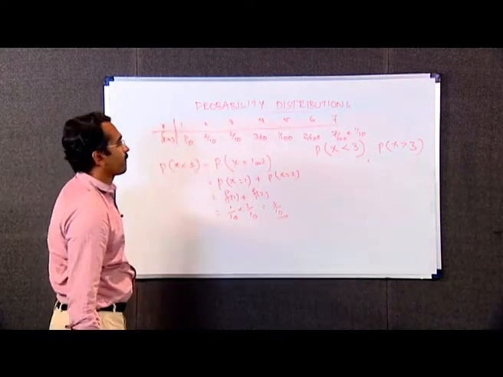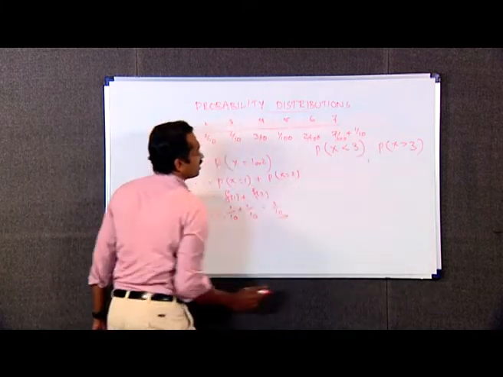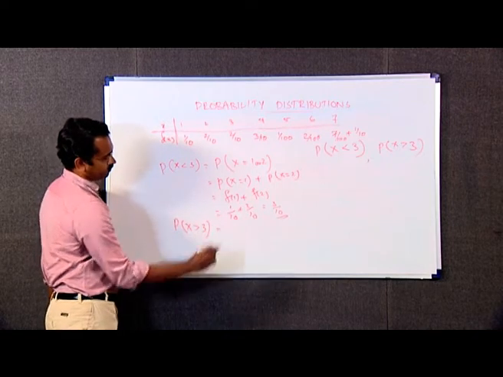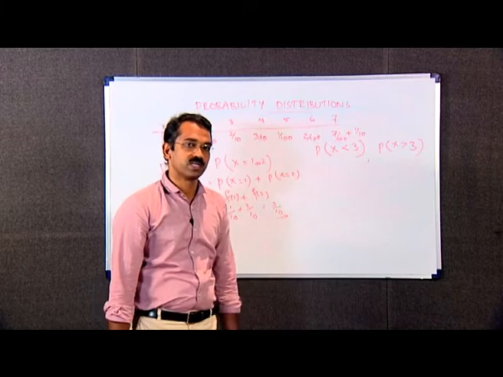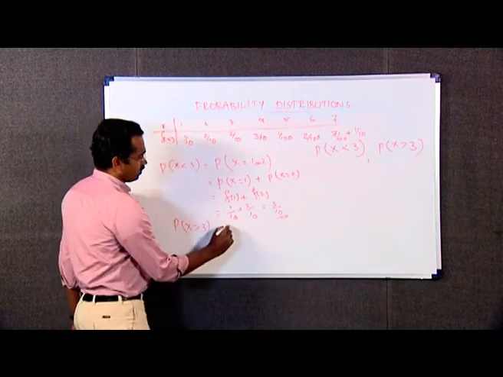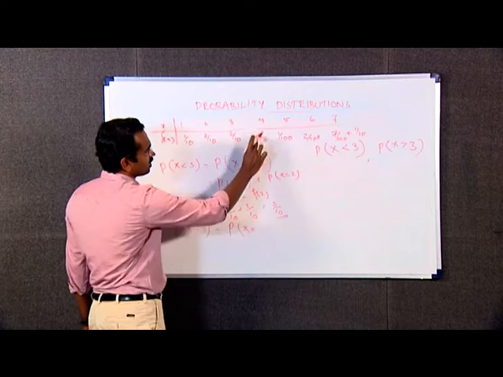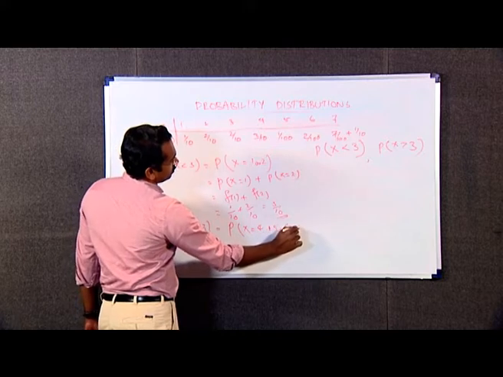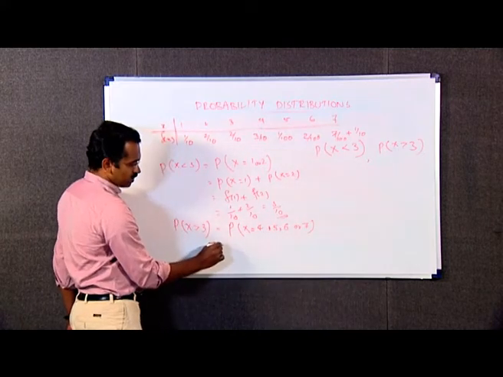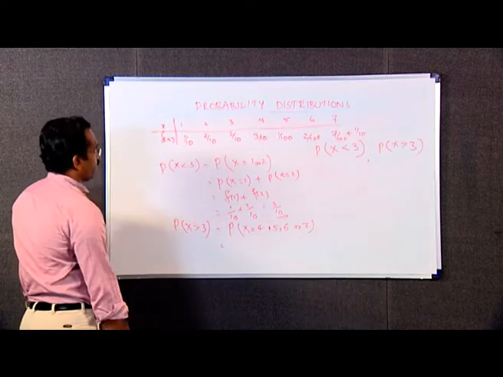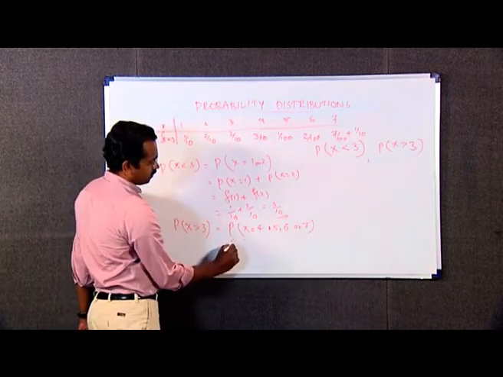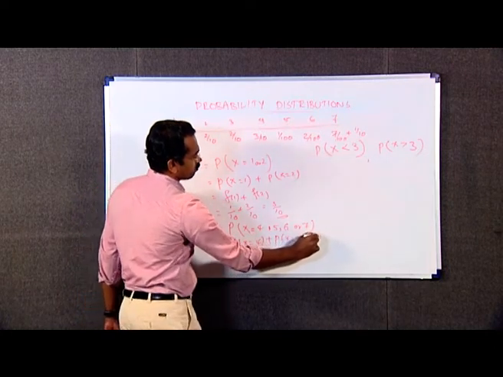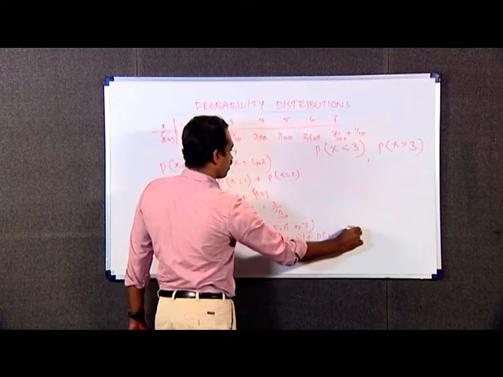Now, the second one is P of x greater than 3. Probability of x greater than 3 means x equal to 4, 5, 6 or 7, which is equal to P of x equal to 4 plus P of x equal to 5 plus P of x equal to 6 plus P of x equal to 7.